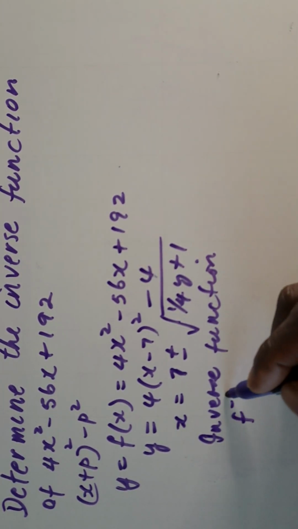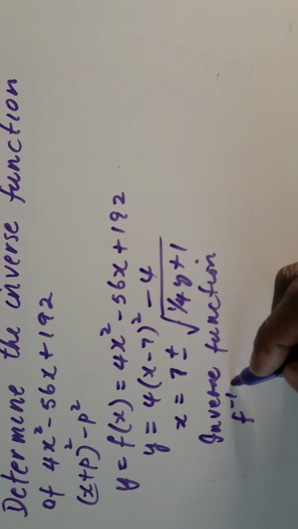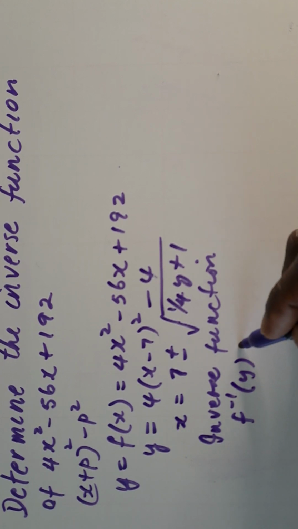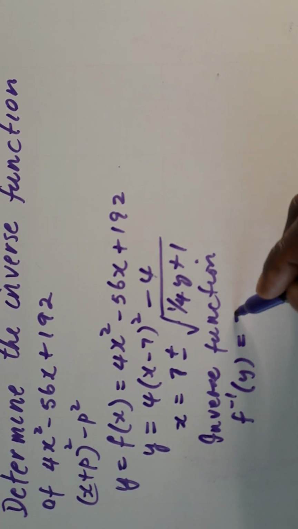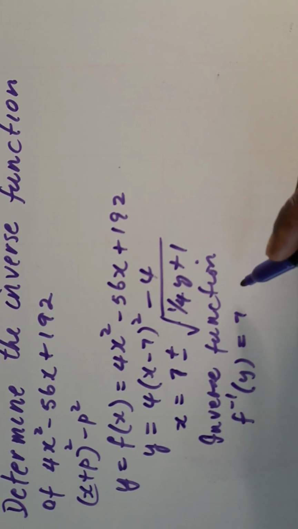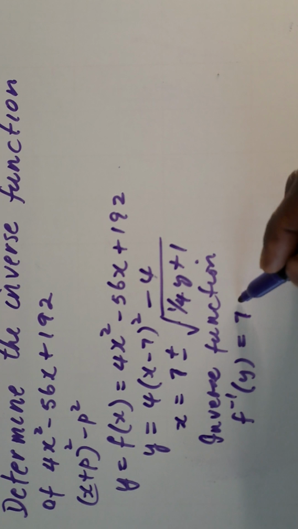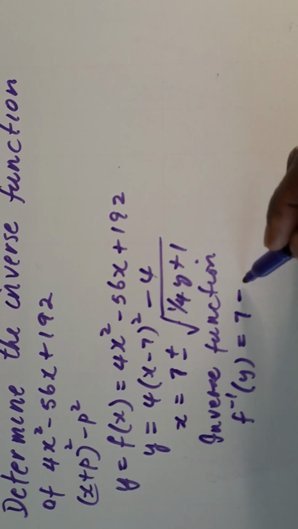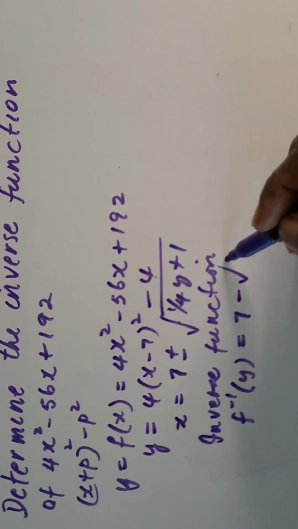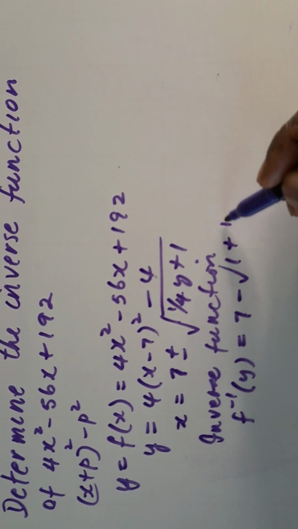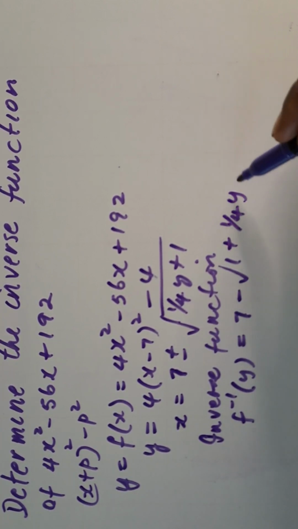f inverse of y. Now the input is y. So 7 minus the root of 1 add a quarter y.